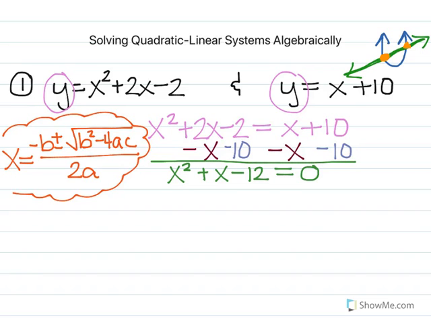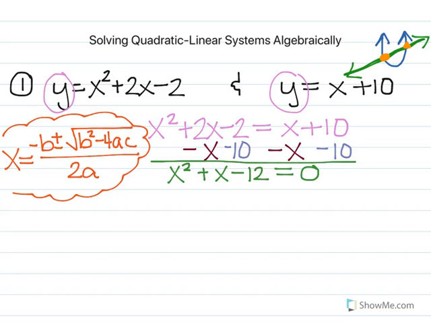Now, if you don't want to use the quadratic formula because you think it takes too long or whatever the case might be, you can check to see if it's factorable, so if you know how to factor. So, when factoring, first you ask yourself, is there a GCF? So, in this scenario, there's not. So then you move on to the fact that this is a trinomial.